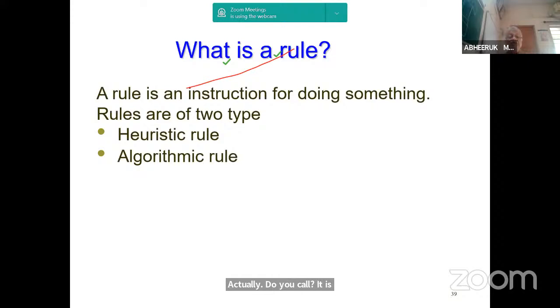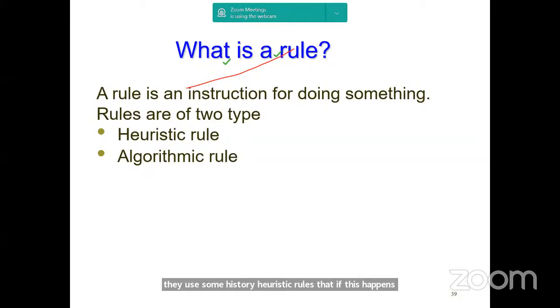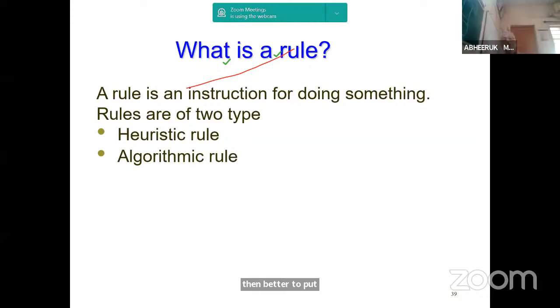It may work, may not work. In our practical life, many practical people, engineers, or even mechanics use some heuristic rules: if this happens, then it is better to put this part this way there. It may not always work.